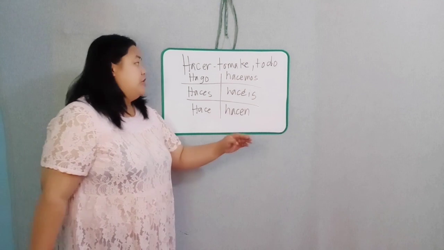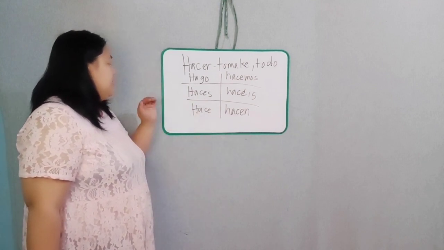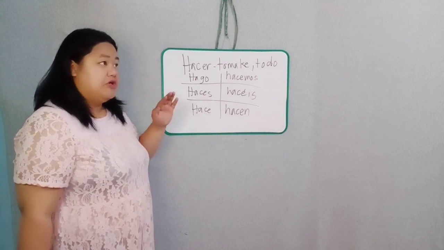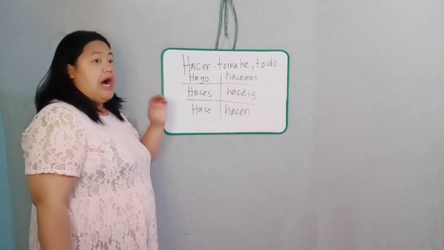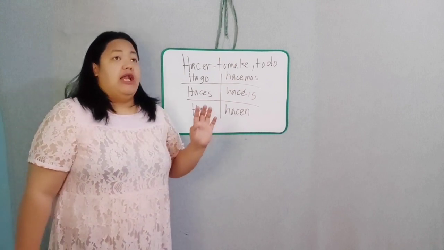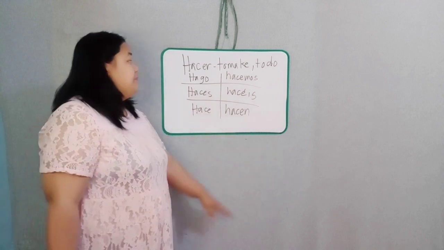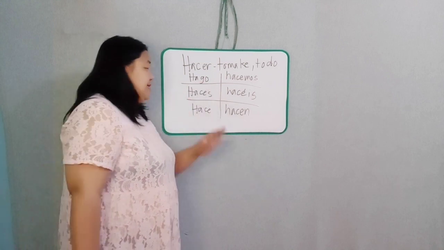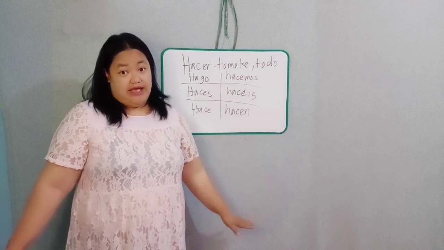So this is I make, you make, she makes, he makes, you make in a respectful way. So we can now say, yo hago, tú haces, él hace, ella hace, usted hace, nosotros hacemos, vosotros hacéis, ellos hacen, ellas hacen, ustedes hacen.